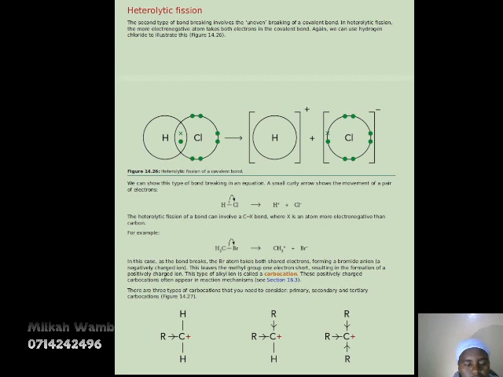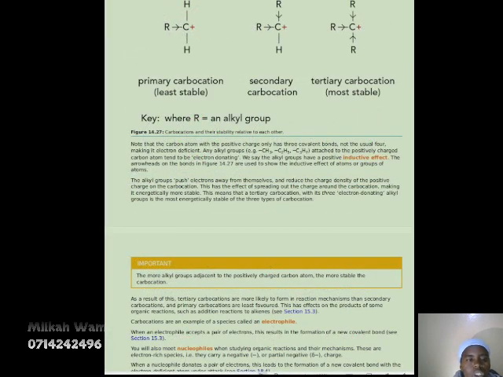It is a primary carbocation if it is joined to only one R group, secondary if it's joined to two R groups, and tertiary if it has three R groups linked directly to the carbon atom. The primary carbocation is the least stable, the secondary is a bit more stable, and the tertiary carbocation is the most stable.